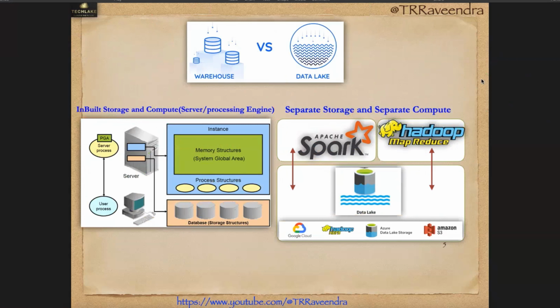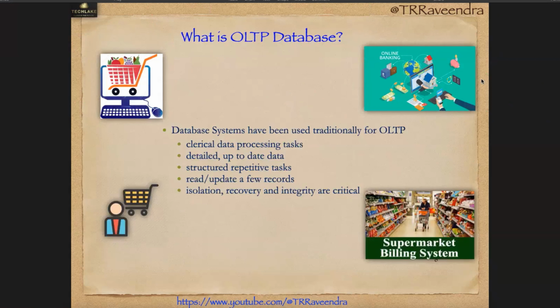Then when it comes to OLTP databases, wherever an application is there, a backend database will be there. Whenever you do transactions, maybe on Facebook, whenever you log in to a Facebook account, or on e-commerce or banking applications like Flipkart, Amazon, or any banking account, online banking, or any supermarket you visit, they'll have some enterprise resource planning application.